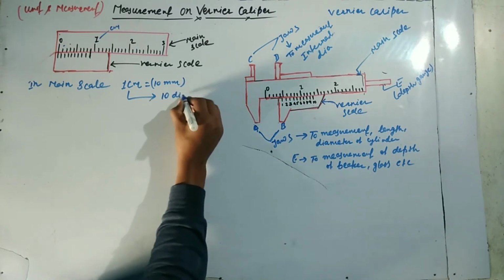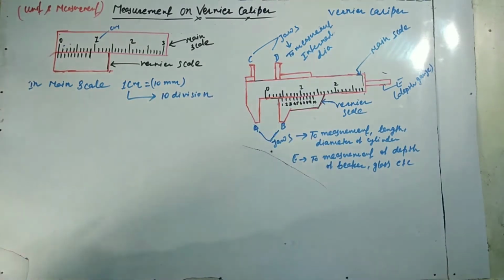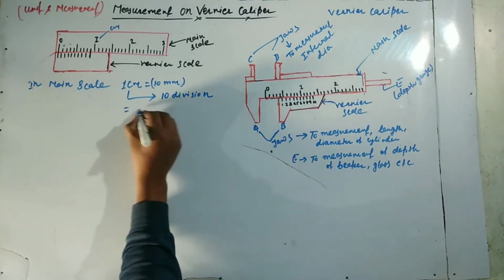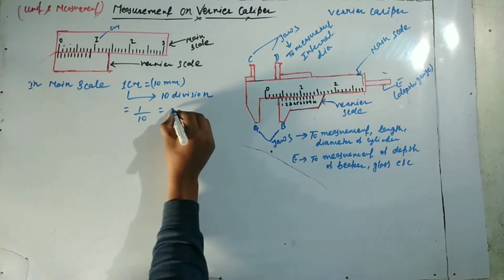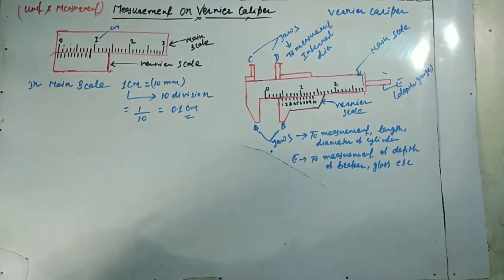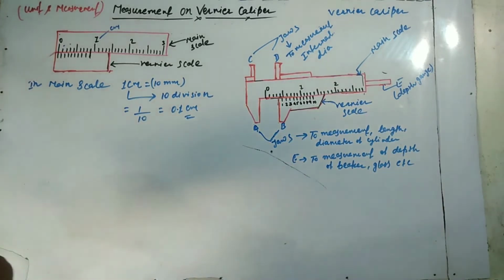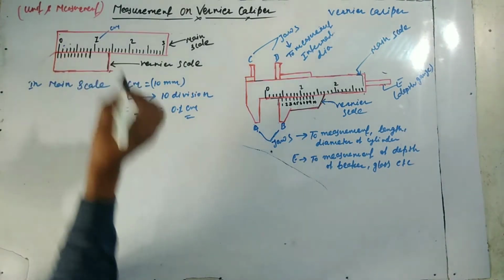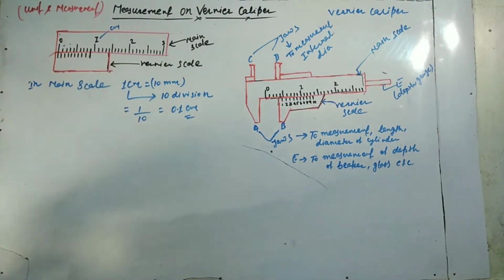So we can write 1 cm is equal to 10 divisions, that is 1 by 10, and its least count will be 0.1 cm. It is the smallest measurement for a normal scale or any main scale that we use for measuring with any instrument.